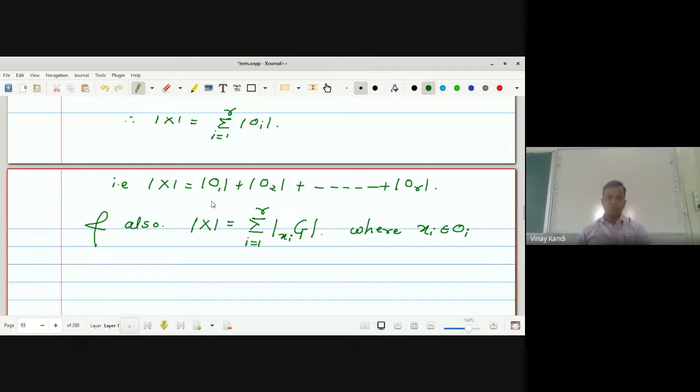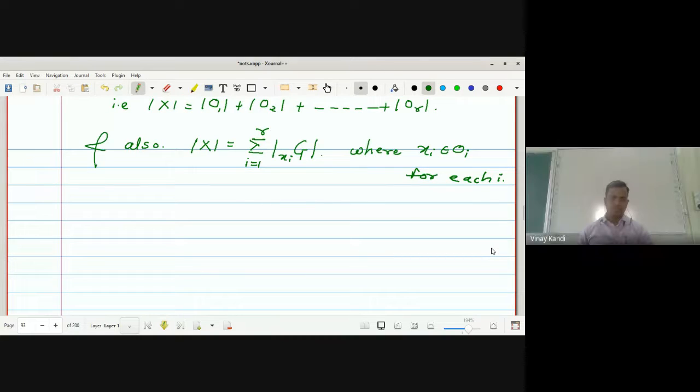If suppose x1 belongs to O1, so what is x1G? The order of x1G is equal to the order of O1. The order of x2G is equal to the order of O2, for each i. Is it correct? Any doubt up to here?